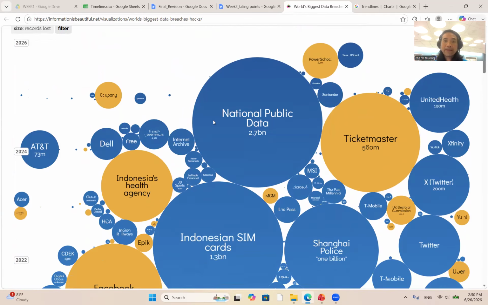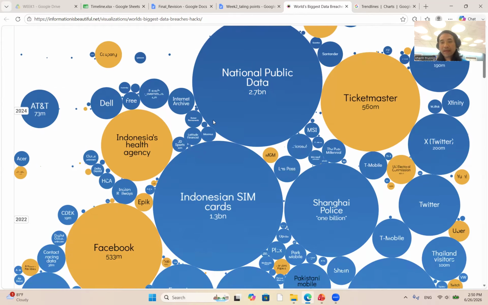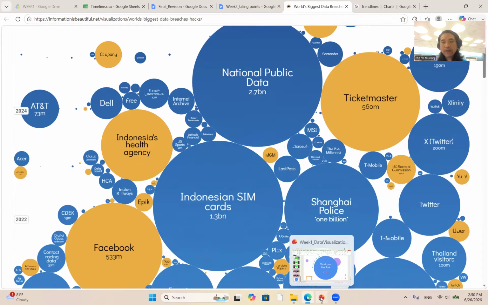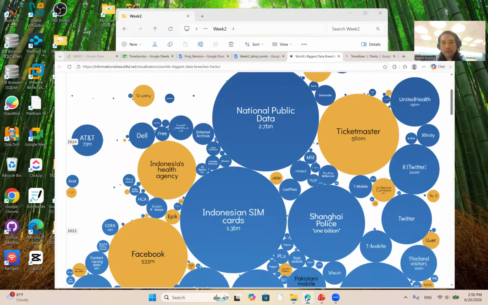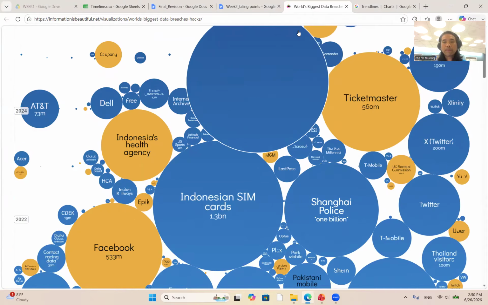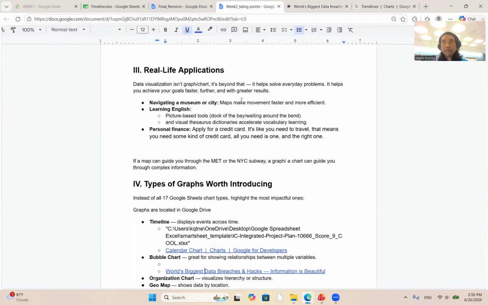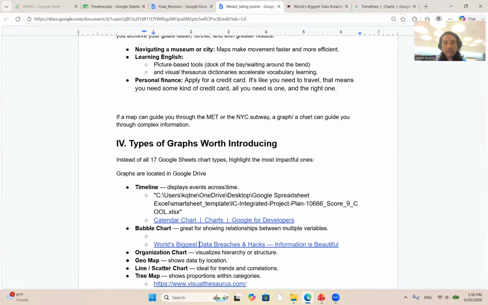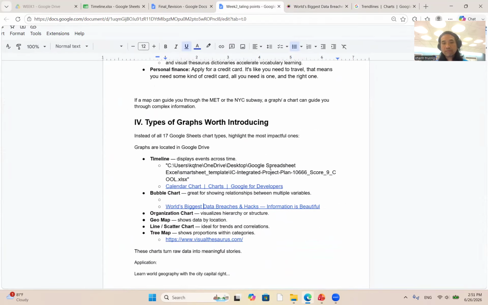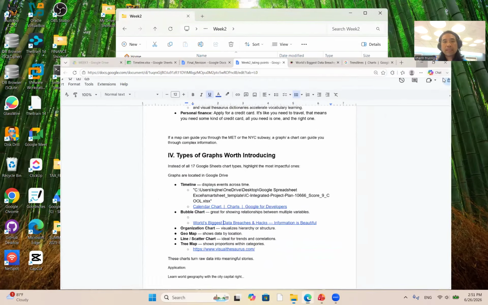This is actually a very good example of a bubble chart. And let's see what else. Organizational chart. Let's see.